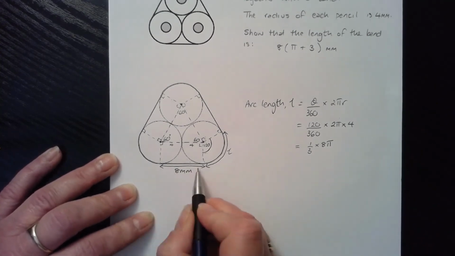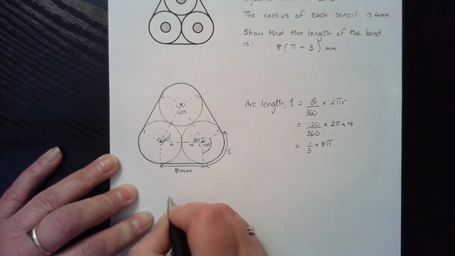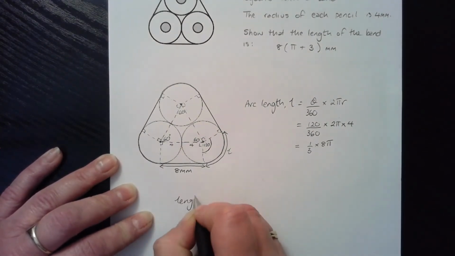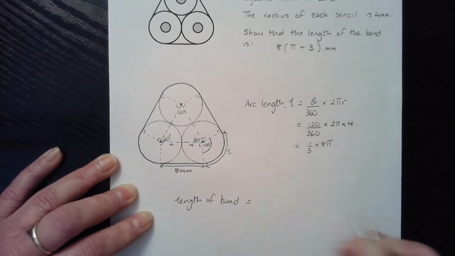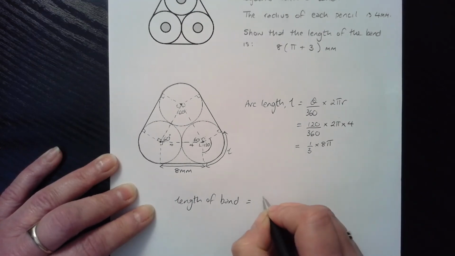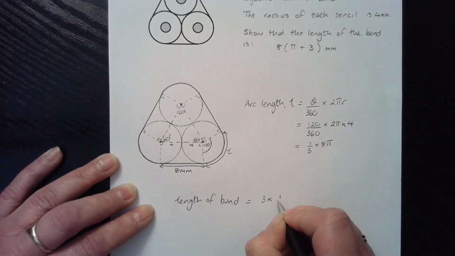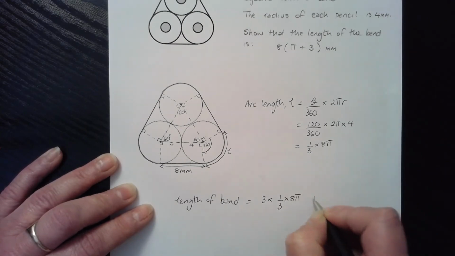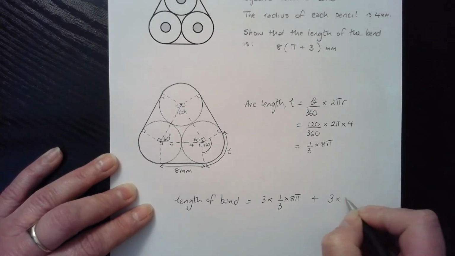I've got this straight edge is equal to 8, and I need 3 altogether. So the length of the band is going to be equal to 3 lots of the arc length and 3 lots of the straight edge.